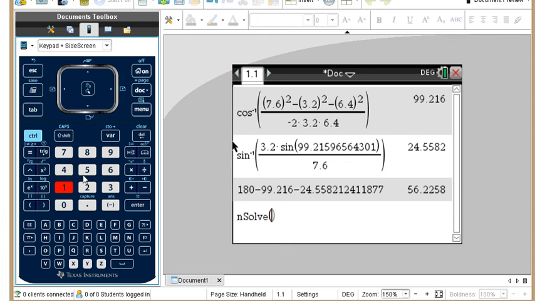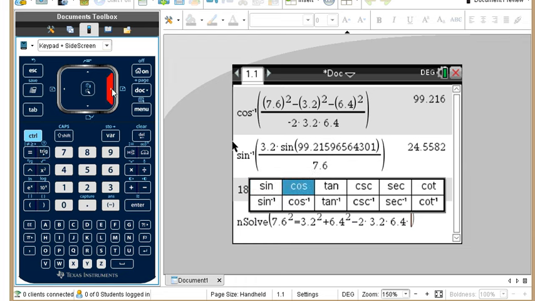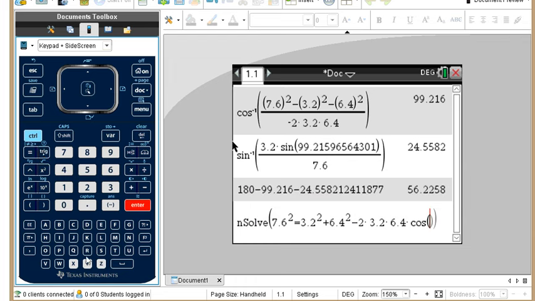So we put 7.6 squared equals 3.2 squared plus 6.4 squared, and we have minus 2 times 3.2 times 6.4 times cosine x.